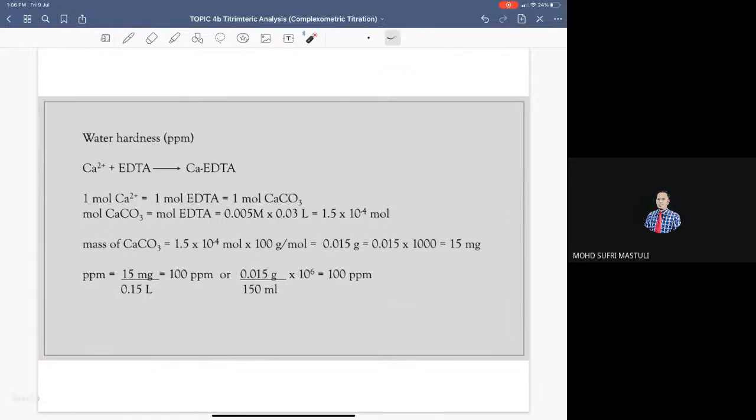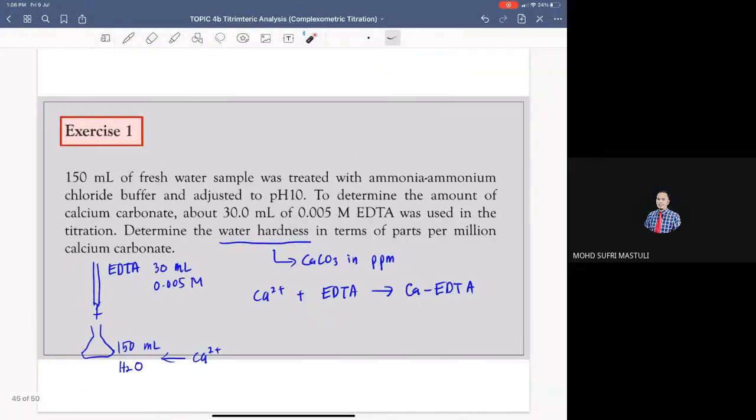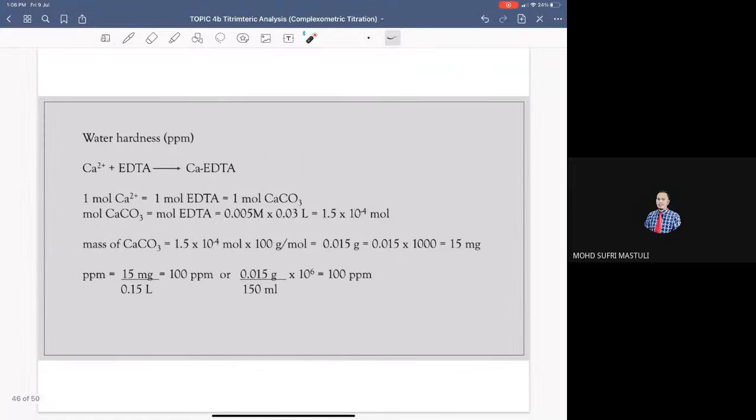From the equation similar to what we wrote just now, 1 mole of calcium reacted with 1 mole of EDTA, and we know calcium carbonate contains calcium and also carbonate ion.